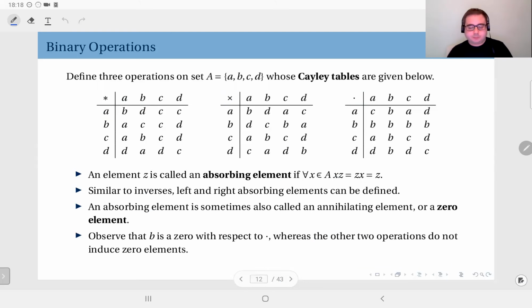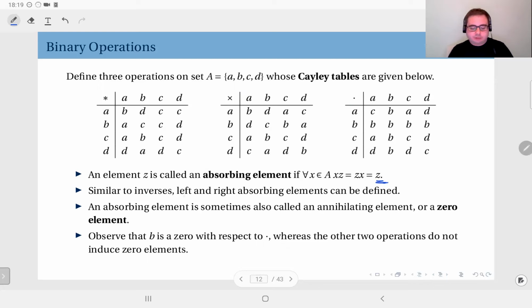Another definition is for the absorbing element, or sometimes we call this an annihilating element or a zero element. An element Z is called an absorbing element if for all x in the set, x times Z equals Z times x equals Z. So which element you operate along with this element, the result is always going to be Z. Okay, this is what we call an absorbing element.